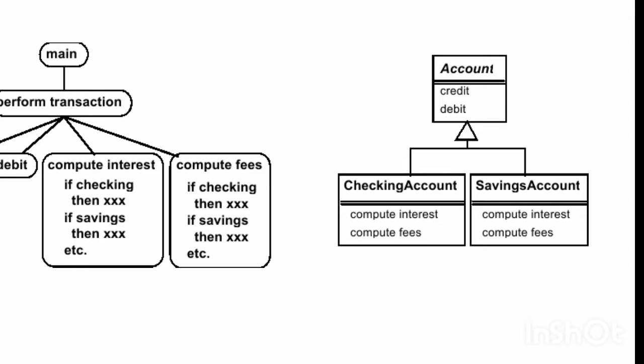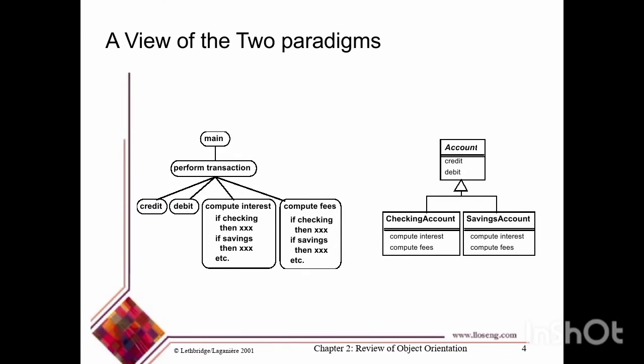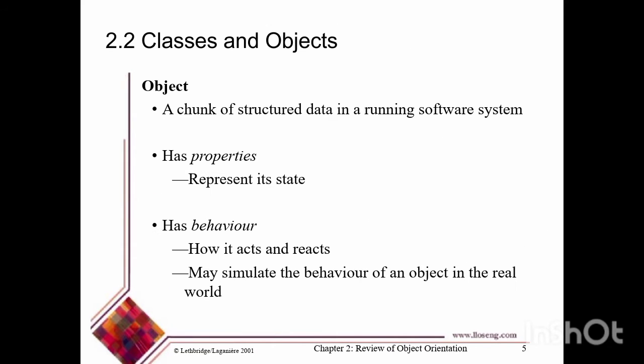In an object we have data abstraction and procedural abstraction. Data abstraction is the variable declaration, like data, and procedural abstractions are the methods that we write on the data. So checking account, saving account, compute interest and compute fees.